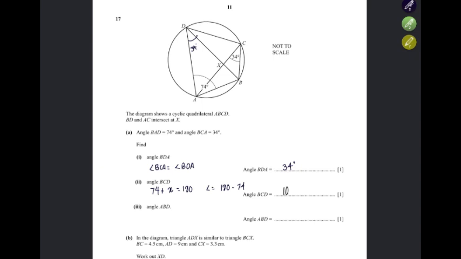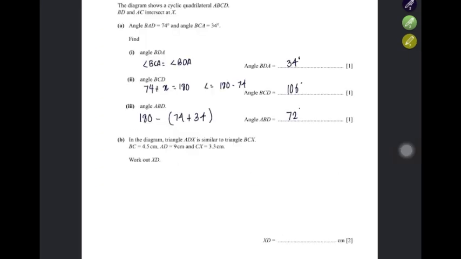The answer is 106 degrees. Angle ABD. So this is going to be 180 minus 74 plus 34. You get 72.